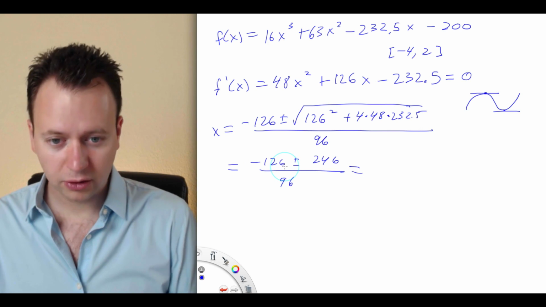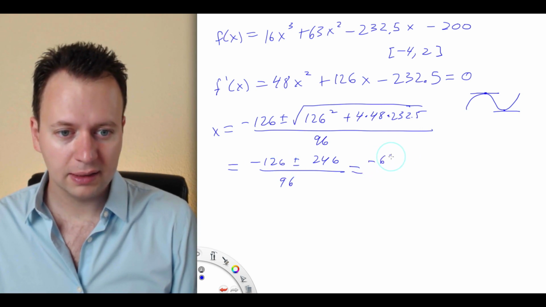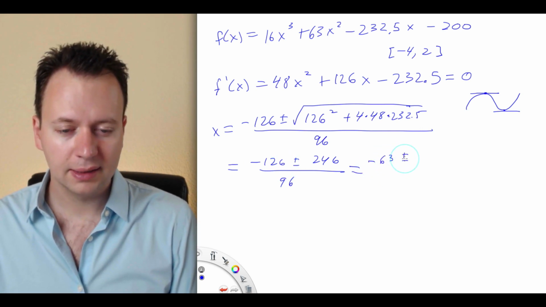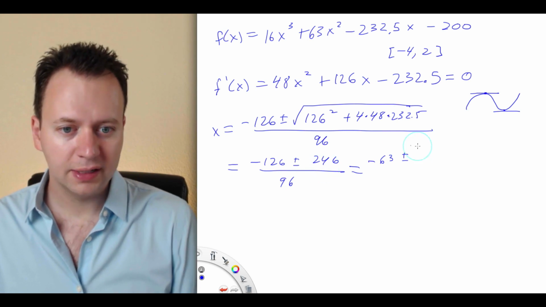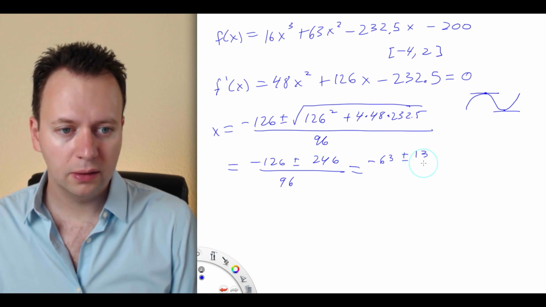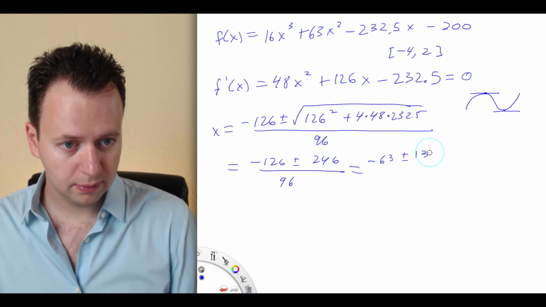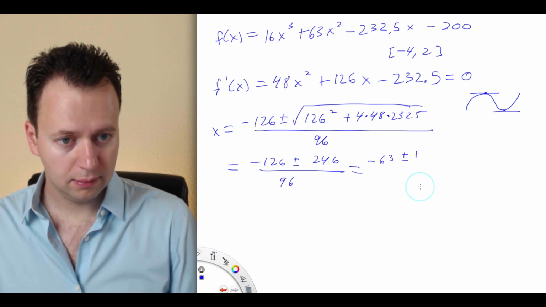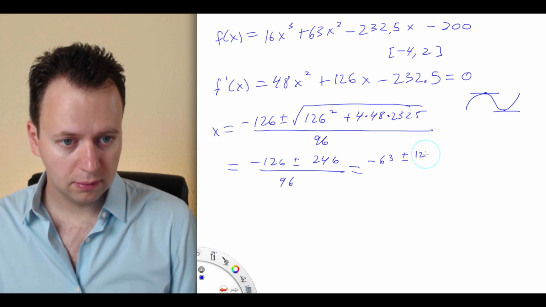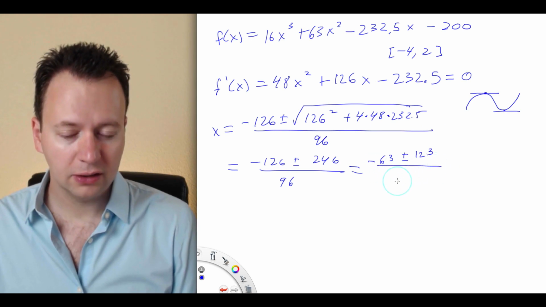So 126 over 2 is going to be minus 63 plus or minus 246 over 2 is 123. And 96 over 2 is 48.